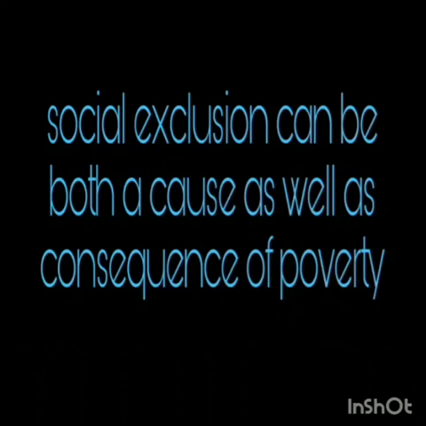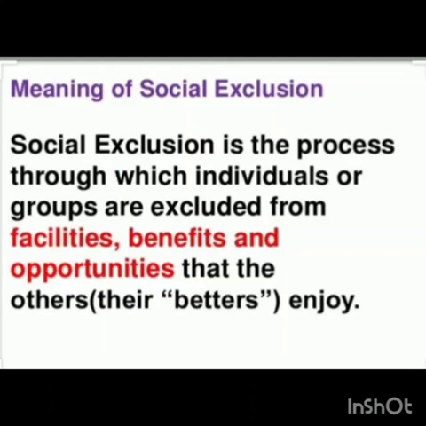Social exclusion is both a cause as well as a consequence of poverty. It is a process through which individuals or groups are excluded from facilities, benefits, and opportunities that others enjoy.